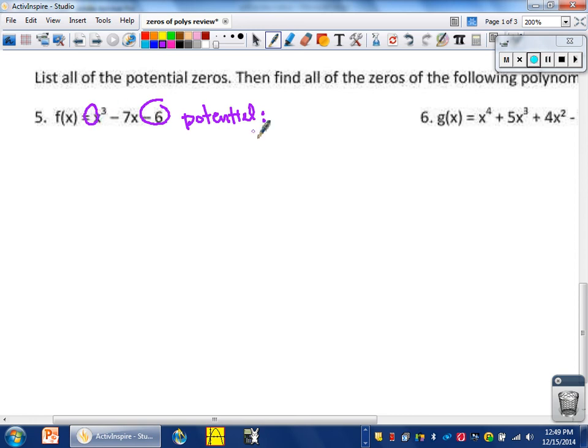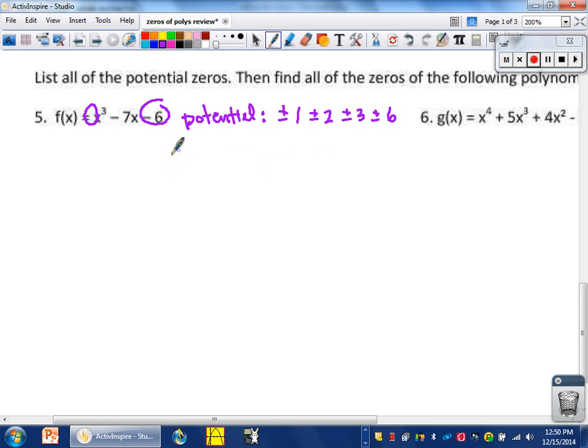In this case, it's a 1, so we're just going to have the factors of 6. Plus and minus 1, plus and minus 2, plus and minus 3, and plus and minus 6. Okay, if this number were anything other than 1, we would have plus and minus the fractions of 1 divided by that number, 2 divided by that number, and so on and so forth. Everything that's unique, no repetitions.